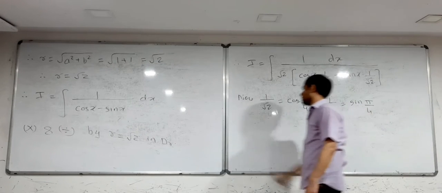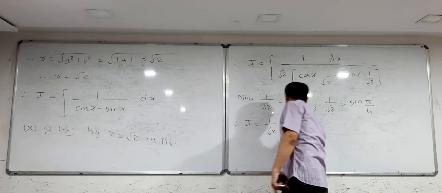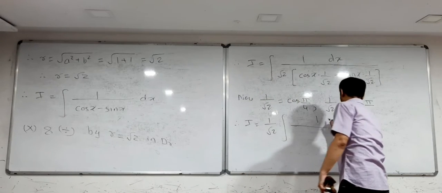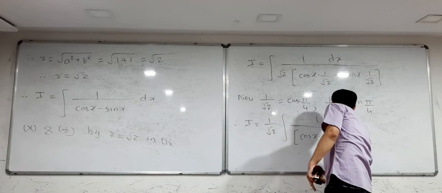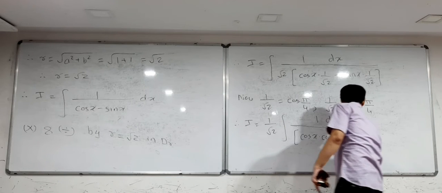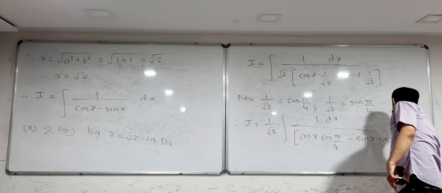So I becomes root 2 outside the integration, into integration of 1 dx upon cos x into cos of pi by 4 minus sin x into sin of pi by 4.